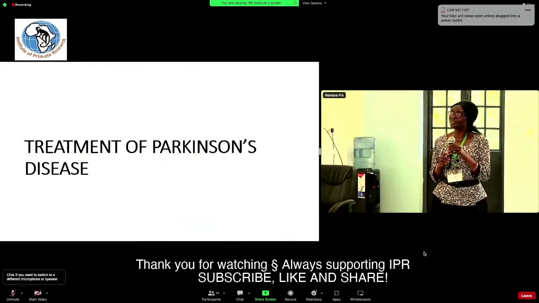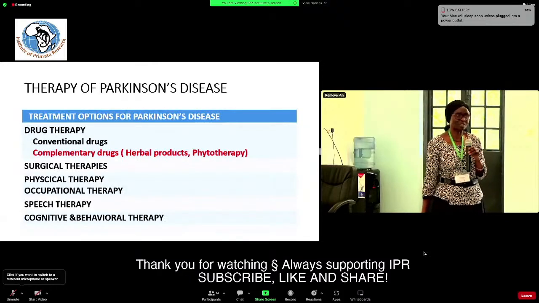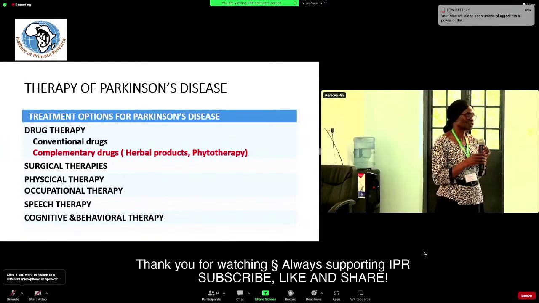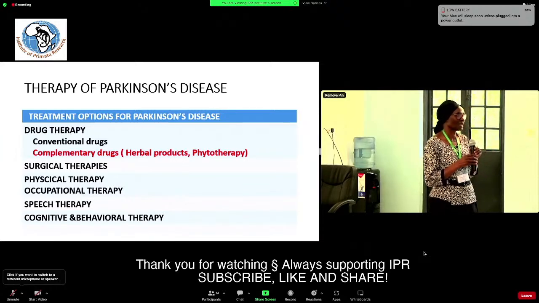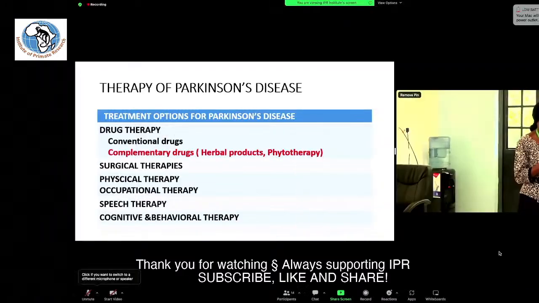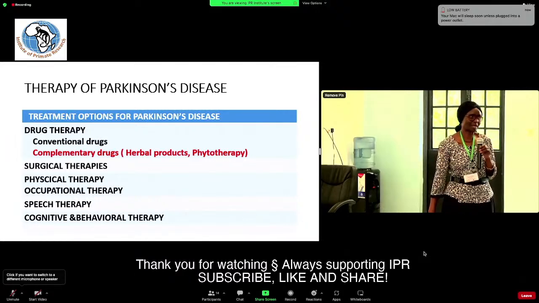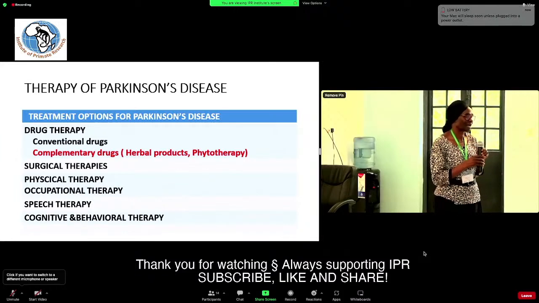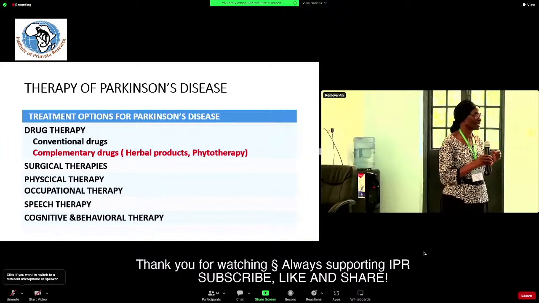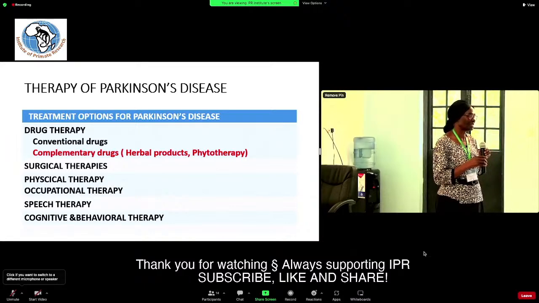Next. So having looked at the pathology, and now that we are aware of the various pathological pathways that lead to Parkinson's disease, what are the treatment options that we have for intervening in this disease? Treatment options that are available, and I don't want to preempt the next lecture, include drug therapy, where we have the conventional drug therapies that are given to improve the deficiencies of the various transmitters that are deficient.